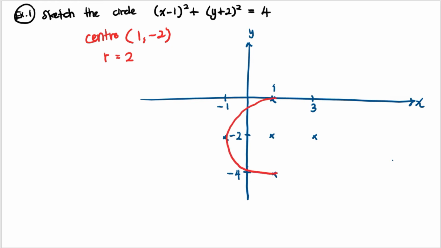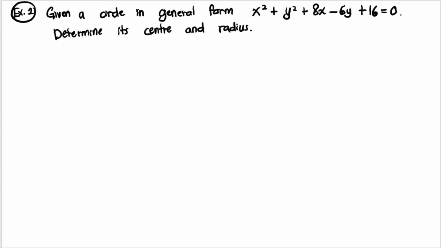This is the circle that you have with the center here. My circle doesn't look very nice, but you have to sketch it nicely. Sorry for my drawing. So we have (1, -2) at the center, and its radius is 2.